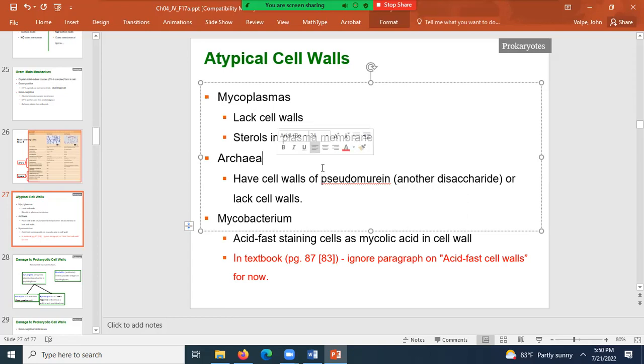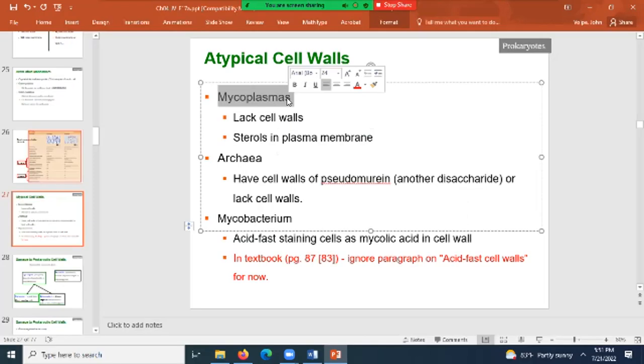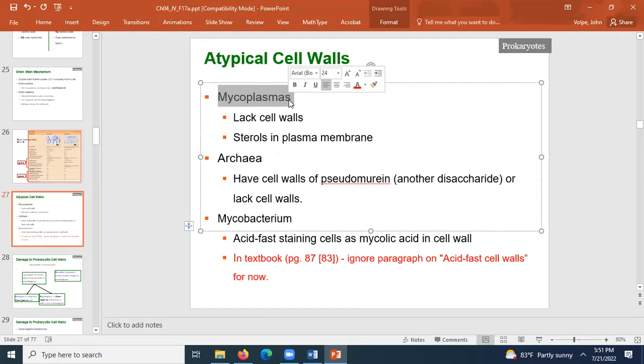Another atypical cell wall of bacteria is the family of mycoplasmas. This family of bacteria is atypical because the cells lack a cell wall. Curiously, the mycoplasmas have sterols in their plasma membrane.